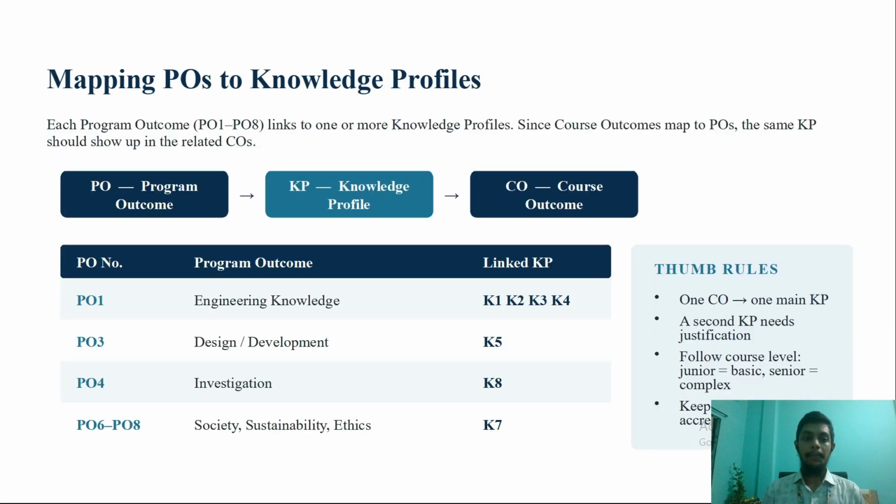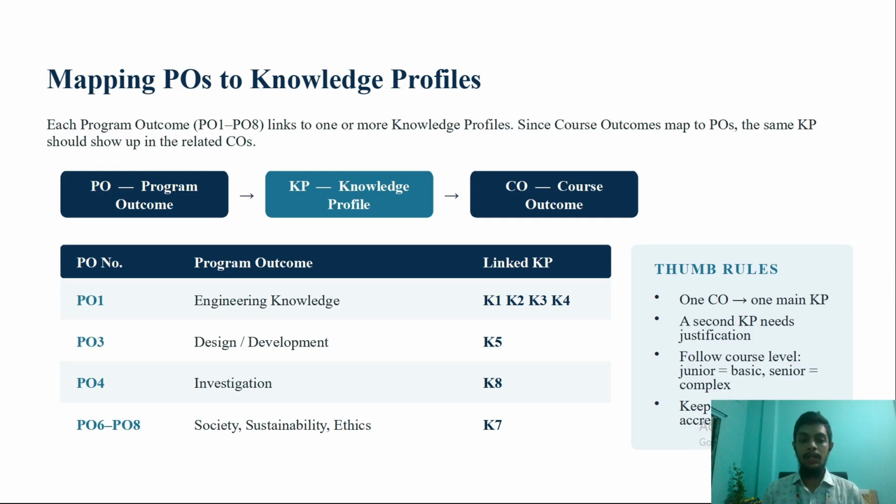Now, mapping PO to knowledge profiles. Each program outcome links or aligns to one or more knowledge profiles. Since course outcomes map to POs, the same KP should show up in the related course outcome as well.